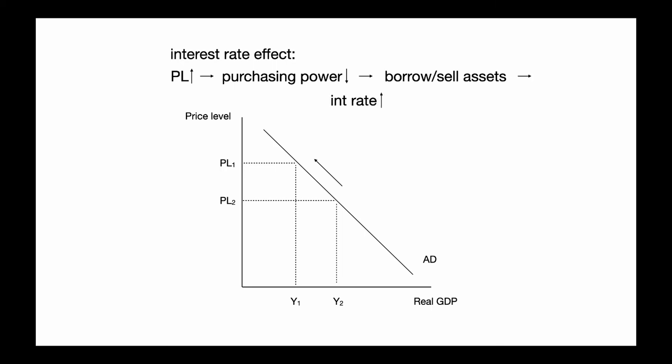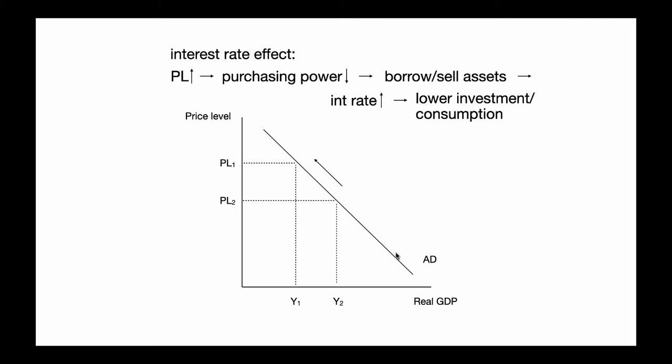And when the interest rate is higher, other things being equal, investment is now more expensive. And now, because of that higher interest rate, it makes consumption less attractive relative to just saving your money and earning that interest rate. So lower investment and lower consumption as a result of that higher interest rate, and therefore that means a lower level of aggregate demand.